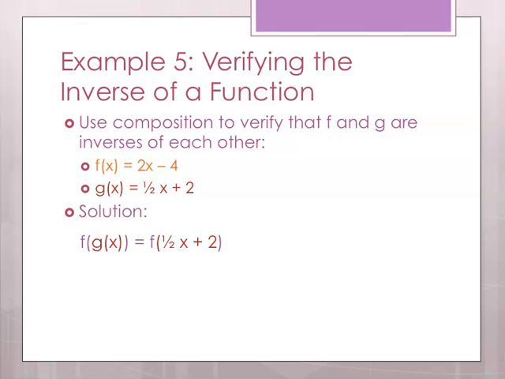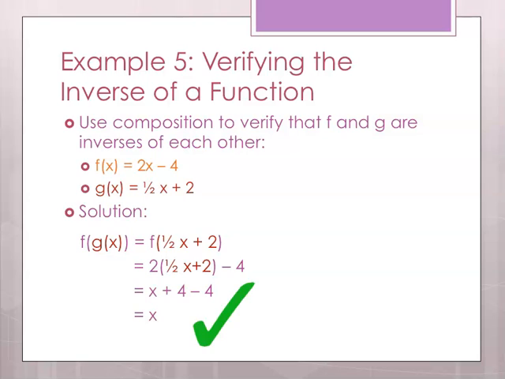I'm going to plug in 1/2 x plus 2, that's g of x, into the function f wherever I see x. So this is going to be 2 times 1/2 x plus 2 minus 4. Distribute the 2 and we end up with x plus 4 and then a minus 4. You can see the 4 and the minus 4 cancel each other out, and that leaves us with x, which is in fact what we are hoping for.